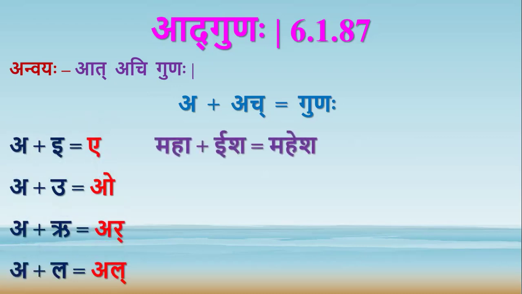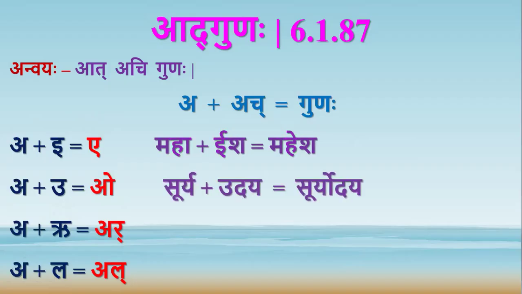Let us take some example for each of them. Maha Isha. Here a is there and here ikara is there. So a plus i is equal to e. These two combine to form e. Mahesha. Surya Udaya. A plus u. So it becomes o. Suryodaya. Maha Rishi.